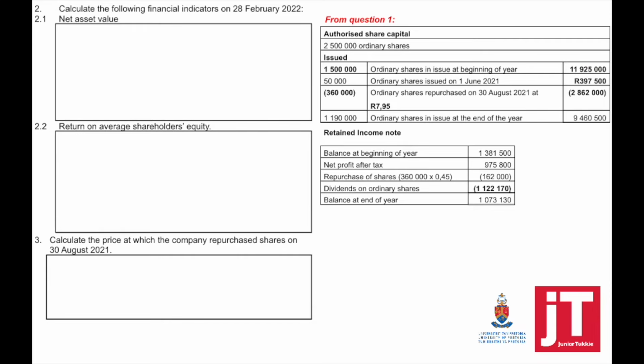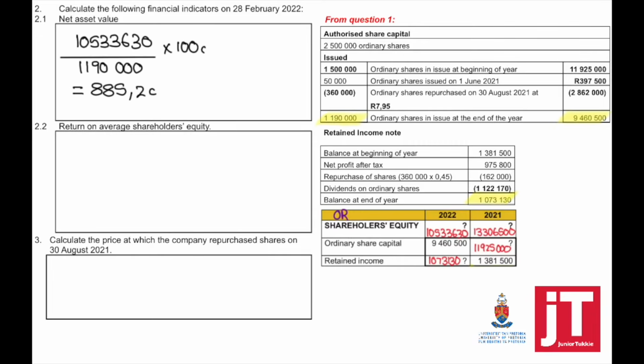To calculate now the net asset value, we have to take the shareholders' equity divided by the number of shares in issue. So from question 1, you've completed now the ordinary share capital note and the retained income. This means we're going to take the balance, ordinary share capital, plus the retained income divided by the number of shares in issue.